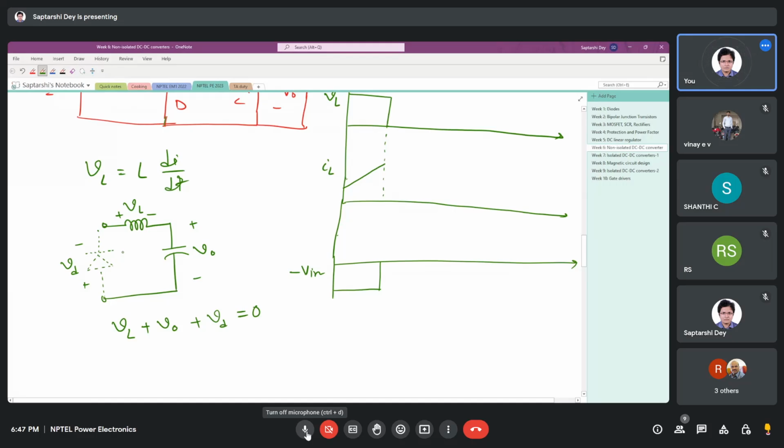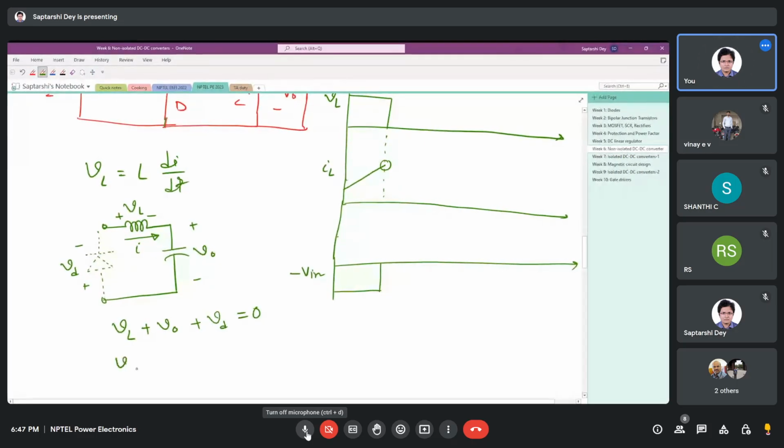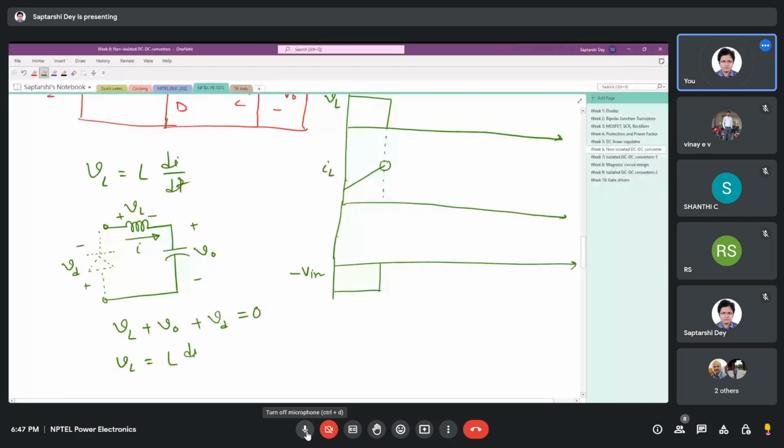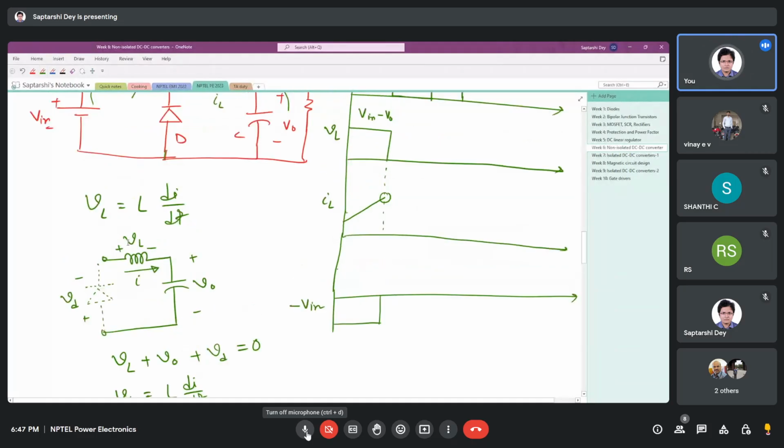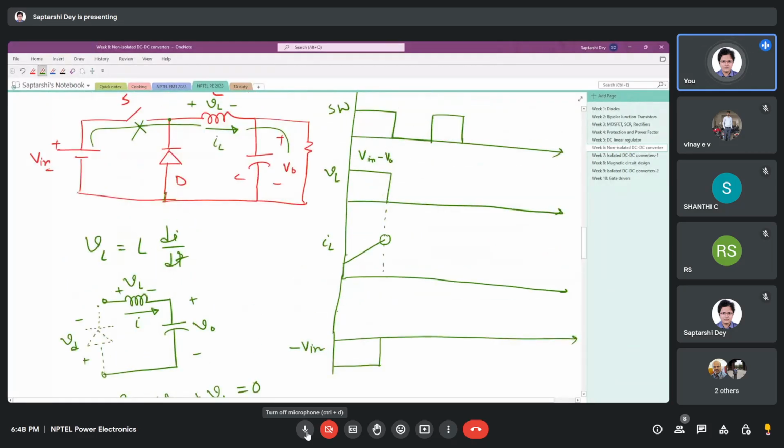Now what happened is a current IL was flowing. It was at this point when we interrupted the current. Now we know that VL is L di/dt. As soon as I turn off the switch, this current has no path to pass.